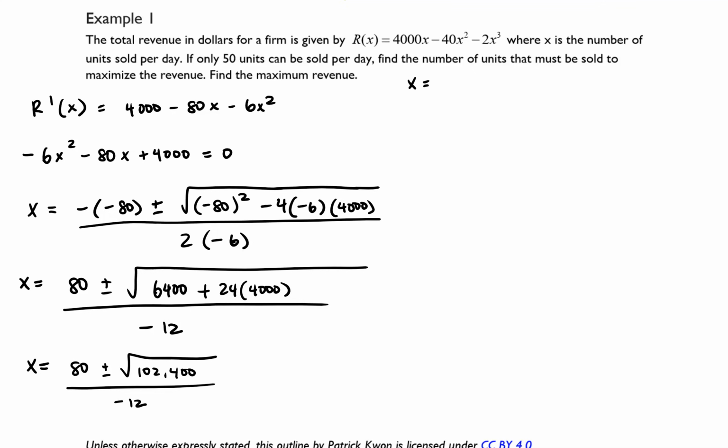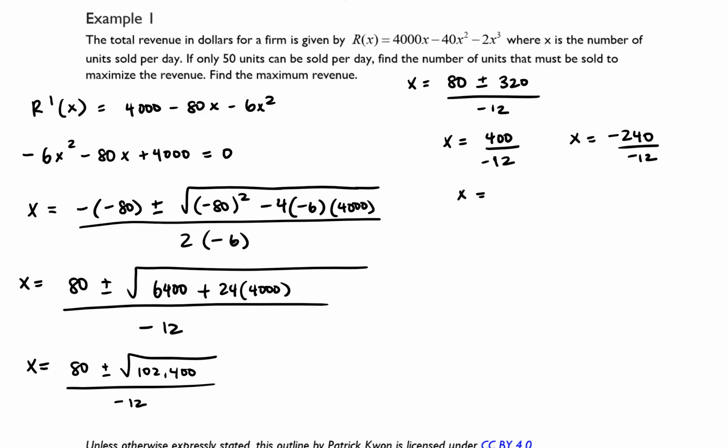And then let's take the square root of that number. And that gives us 80 plus or minus 320 over negative 12. From there, we'll get two answers. We'll get 400 over negative 12 and negative 240 over negative 12.